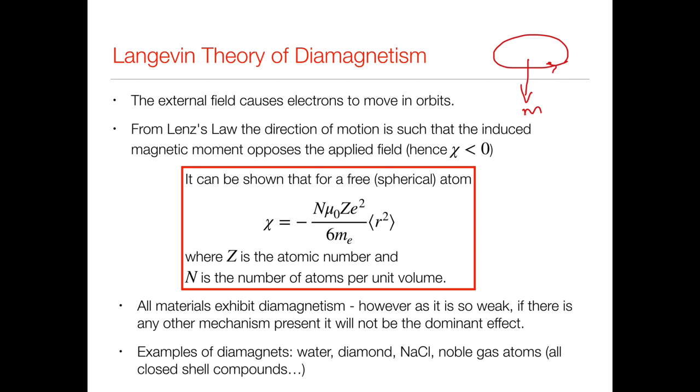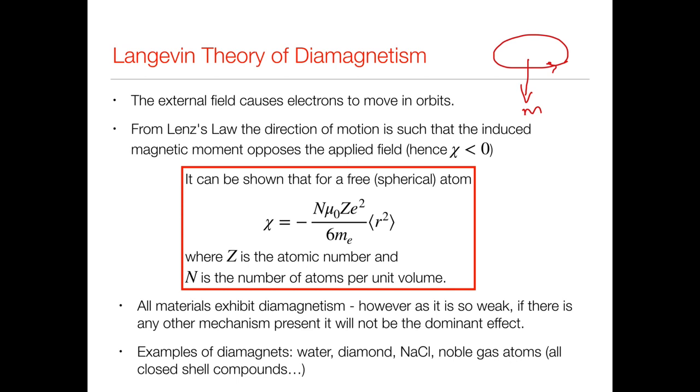Now, all materials exhibit diamagnetism. This phenomenon of electrons having an induced motion around the nuclei will happen in all materials, even a ferromagnet, even a paramagnetic material.